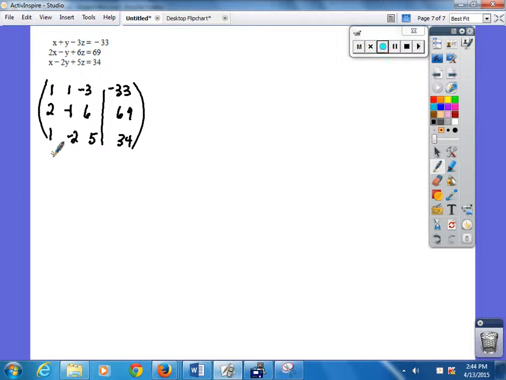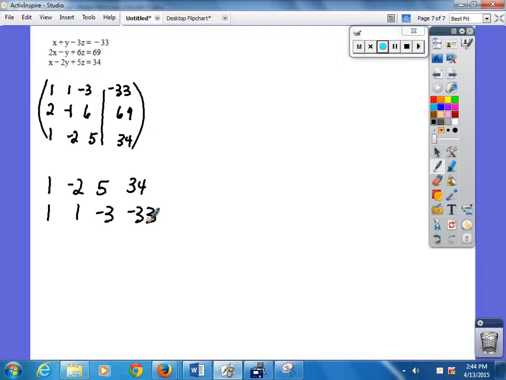We could rearrange and make some things easy. I don't know if it'll help us or not. Take this one, put it up top: 1, negative 2, 5, 34. Put this one in the middle: 1, 1, negative 3, negative 33.